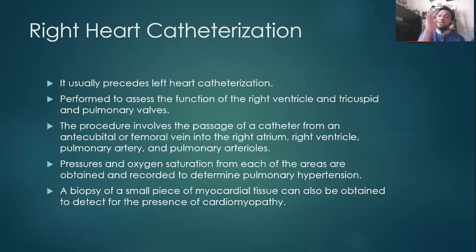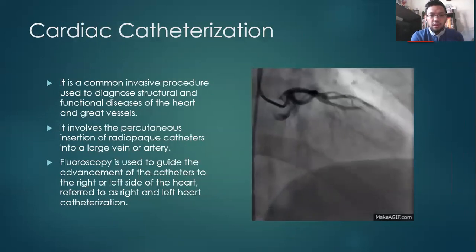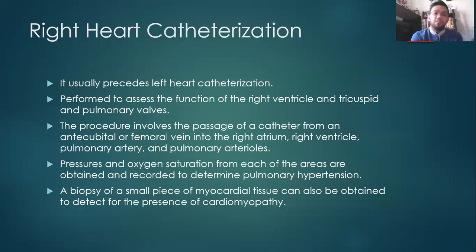Take note, since the right side of the heart carries unoxygenated blood, the doctor is also going to insert the catheter from the antecubital or femoral veins. So veins are going to be involved here.